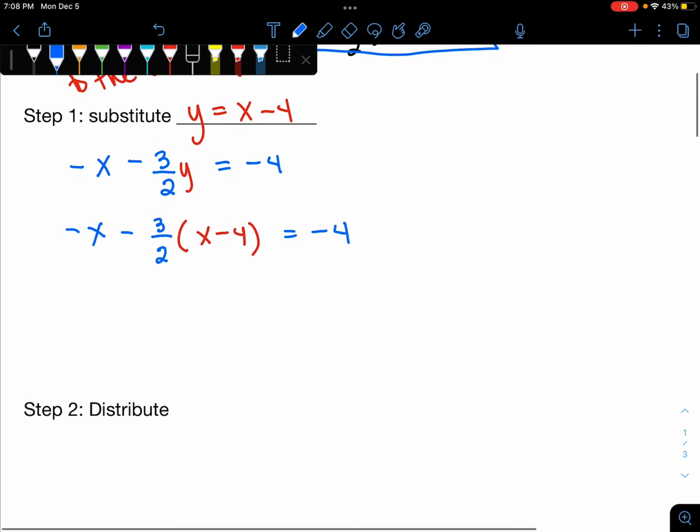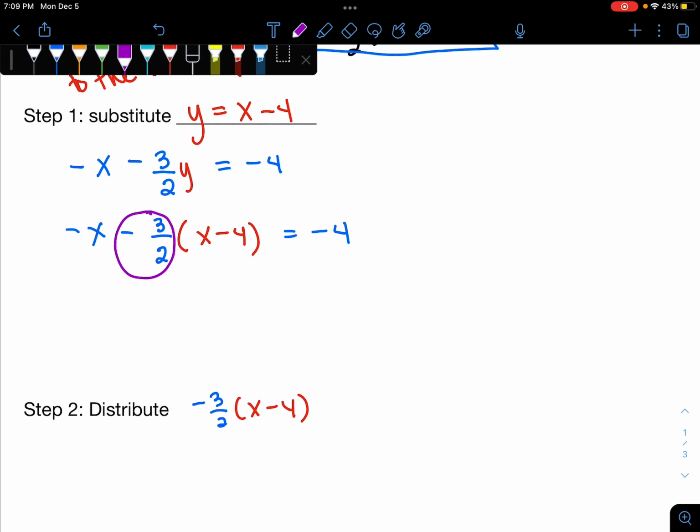Now we're going to distribute negative 3 over 2 times x minus 4. So make sure you include the negative here. So we're going to distribute negative 3 over 2 to x minus 4. Okay.